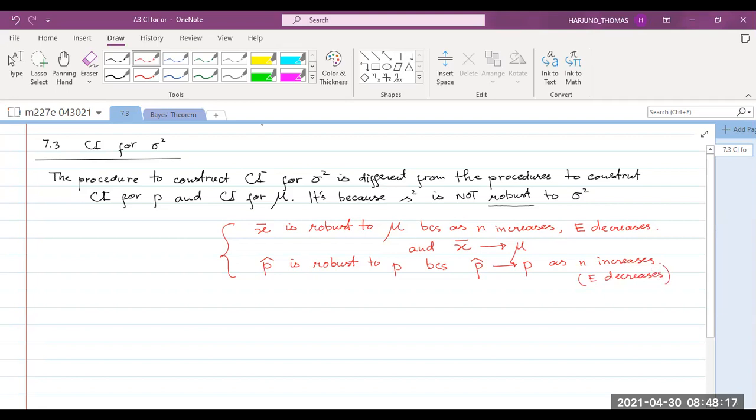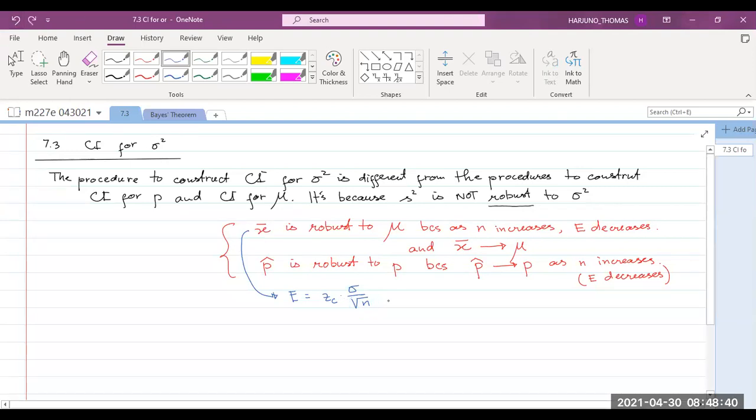And we can see that in step 2 of both of them. For this one here, for example, the margin of error is the critical value times the population standard deviation over the square root of n. You see, as n gets larger, you divide by a larger number. Therefore, the margin of error is smaller, right?